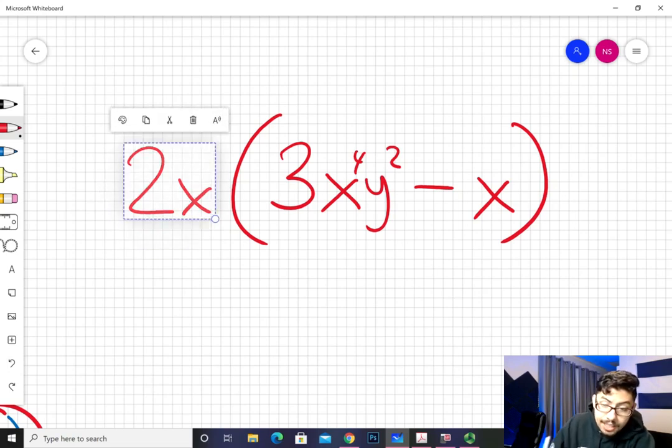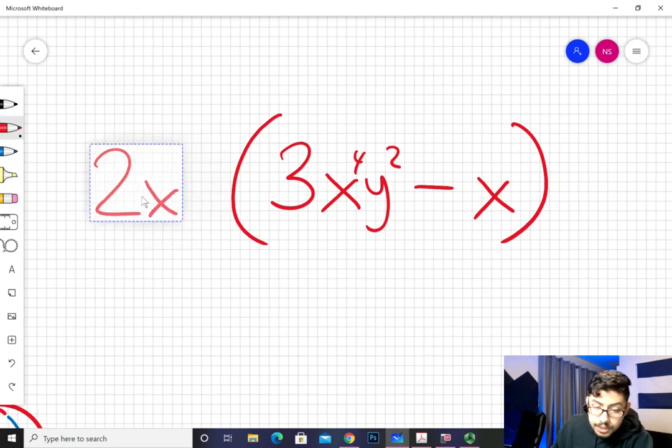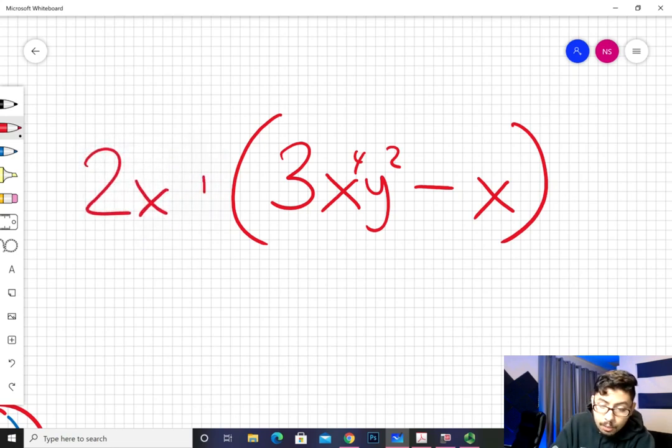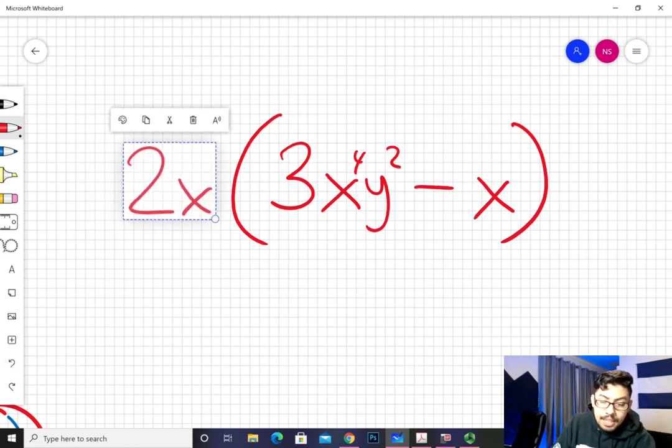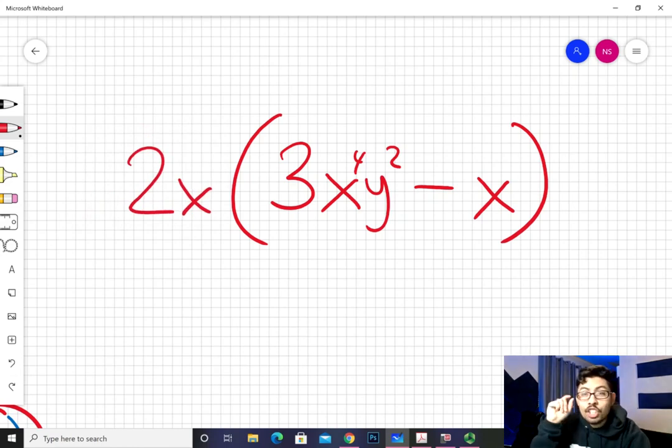If we were to move it to the side, and put any operation in the middle of that, addition, subtraction, multiplication, oh, there's already a multiplication, division, or anything else like that, this would not be the thing that I'm about to show you. It's only when it's butted up like that that you know this is a unique type of multiplication of polynomials. This is called distribution.